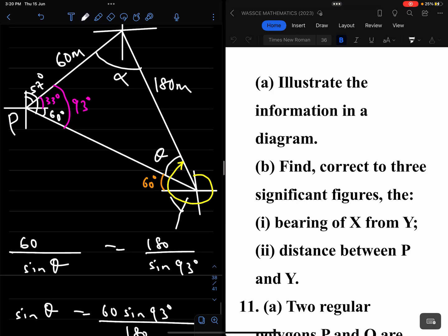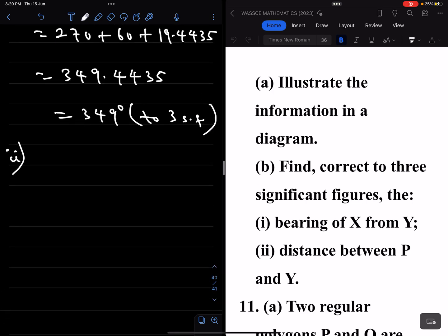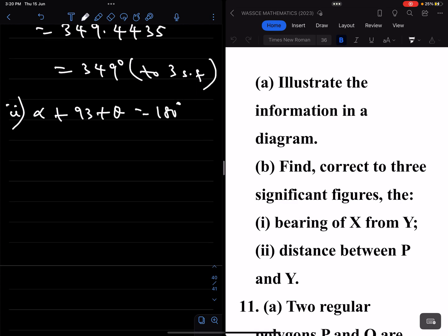Alpha plus 93 plus theta equals 180 degrees, angles in a triangle.